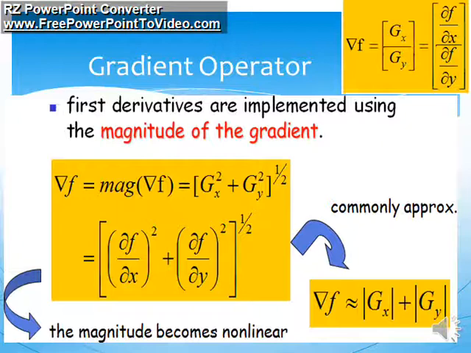If we consider only the magnitude, we can have an approximate value, that is grad f nearly equals mod of gx plus mod of gy. So this is the gradient operator.